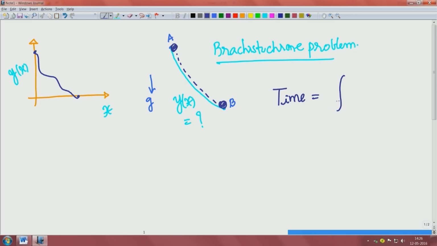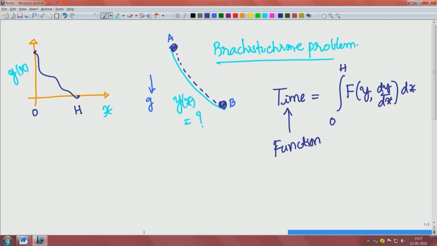That time turned out to be an integral, where if I say this is x here, it went from 0 to, let us say, h, and we had something which depended on this y of x as well as dy by dx. That is what we had. So, here this is called a functional.